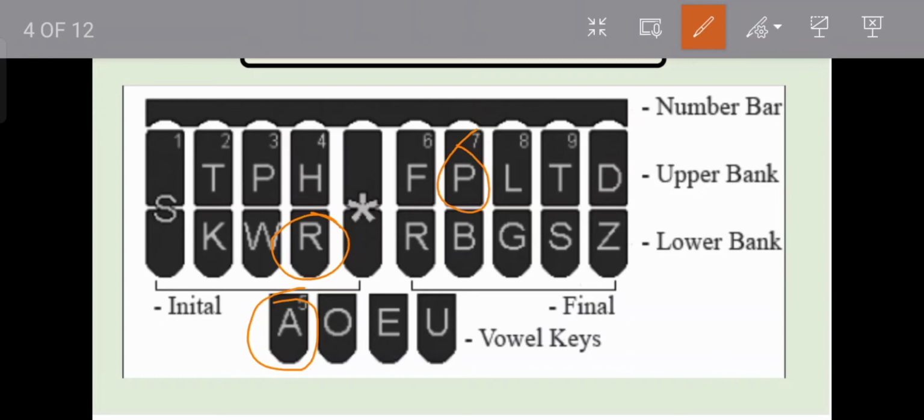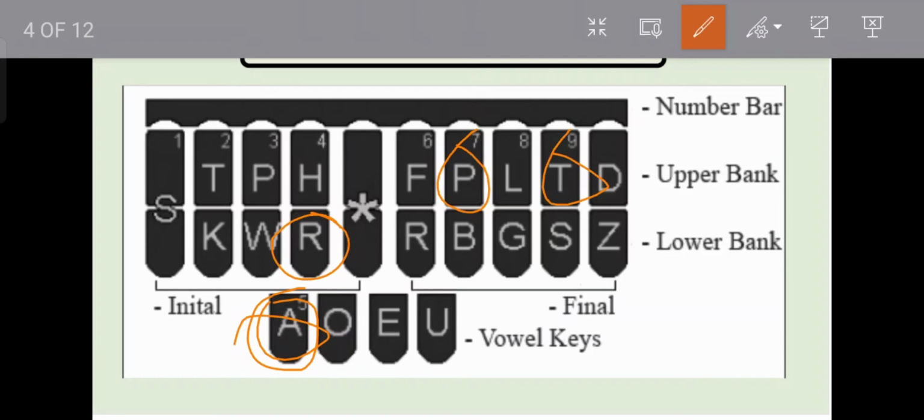So what if, ma'am, the word bat? For example, there is an A and a T, but there is no B, since the initial bank only has S, T, K, P, W, H, R as initial keys. So how will we stroke bat?